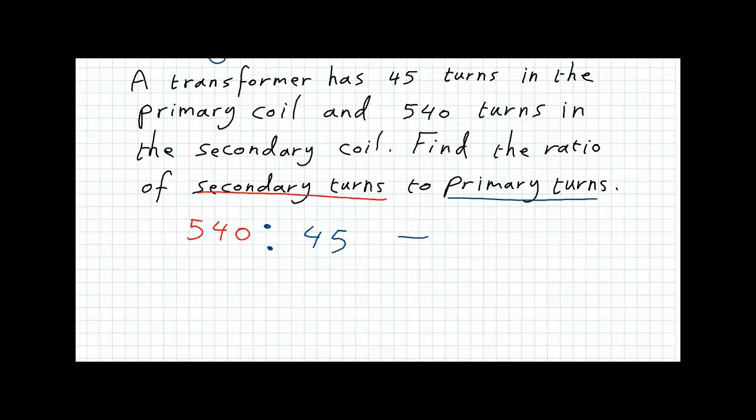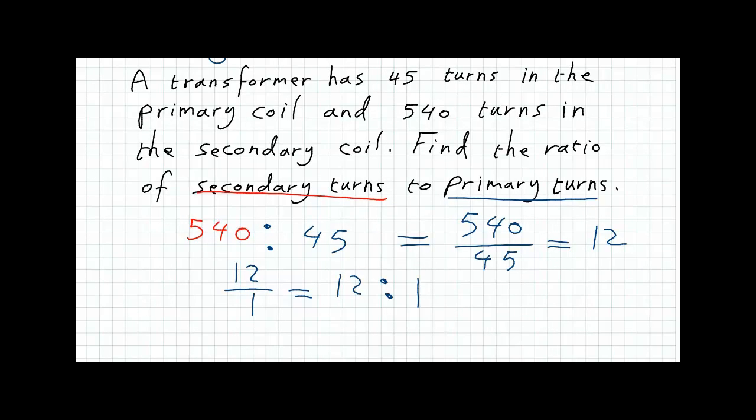So if you found this ratio by dividing 540 over 45, this will give you the answer of 12, which you can write as 12 over 1 or 12 to 1. By this, we reach the end of this lesson.